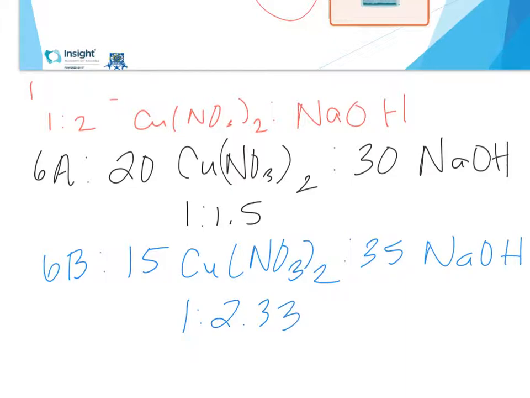If you look at these two ratios, neither one's exactly 1:2, but one's a little bit less than it, and one's a little bit greater than it. And those gave me the highest amount of precipitate, the most product. If I did one that was perfectly a 1-to-2 ratio, that one would probably make the most. But because the two that have the most are the ones closest to 1-to-2, that makes sense. That actually does match the reaction.